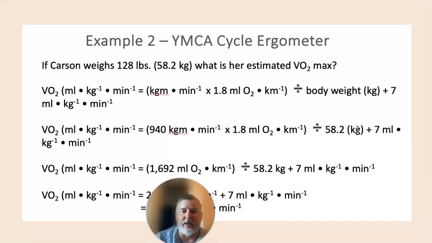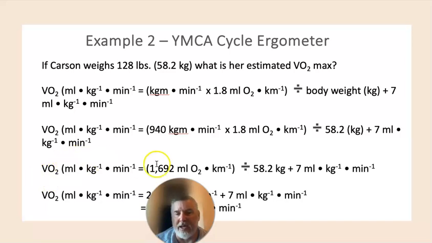Who can tell me where 7 mils per kg per minute comes from? Well, resting is 3.5 mils per kg per minute, and then just sitting on the bike spinning with no resistance is 3.5 mils per kg per minute. That's where the 7 comes from.